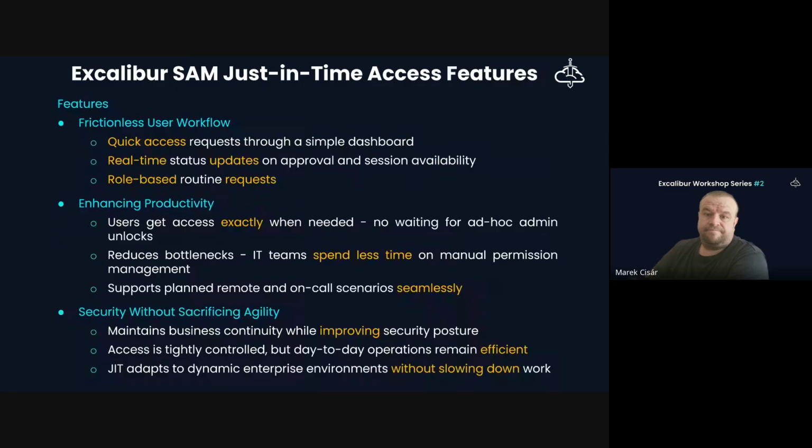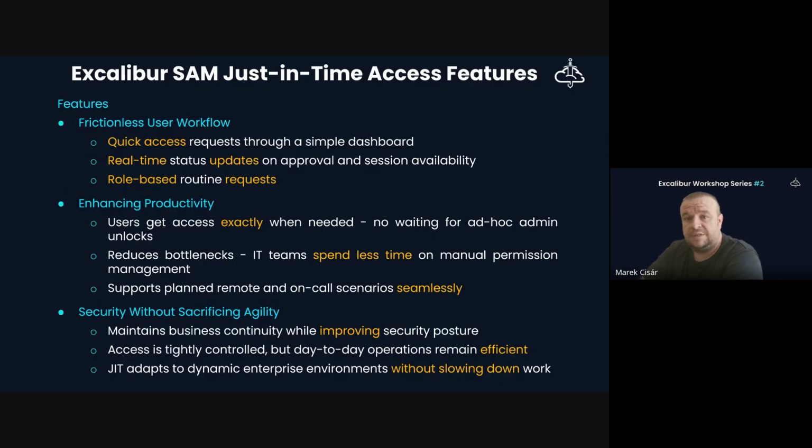So how was it designed and developed within the Excalibur PAM? Again, the user will create a request within the web dashboard. There are real-time status updates, as you have already seen regarding the peer verification.